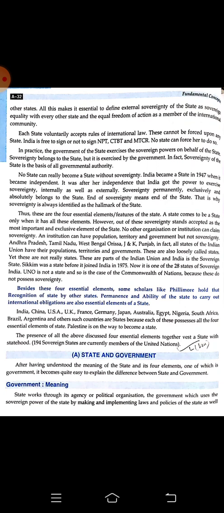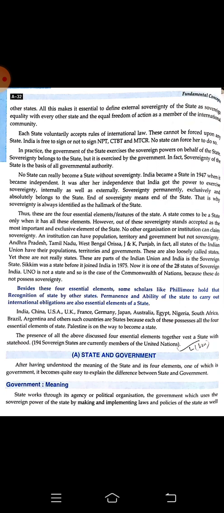The state works through its agent or political organization, the government, which uses the sovereign power of the state by making and implementing the laws and policies of the state, as well as by resolving disputes among the citizens and the state.